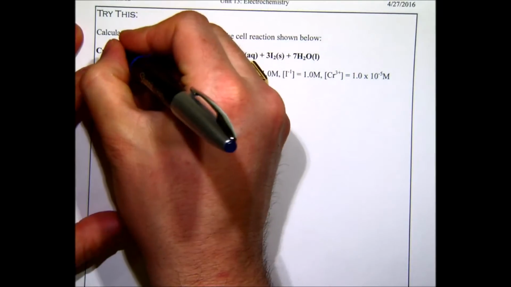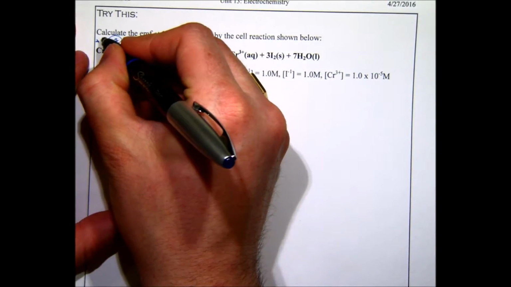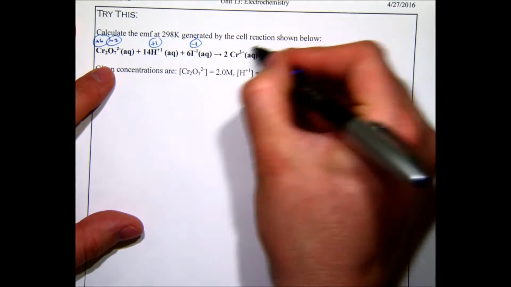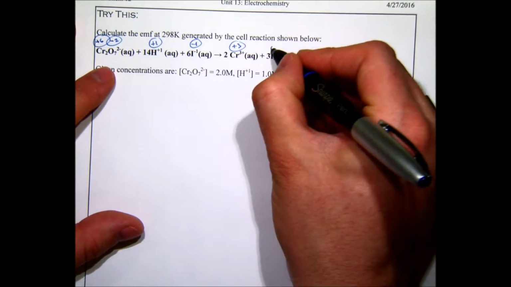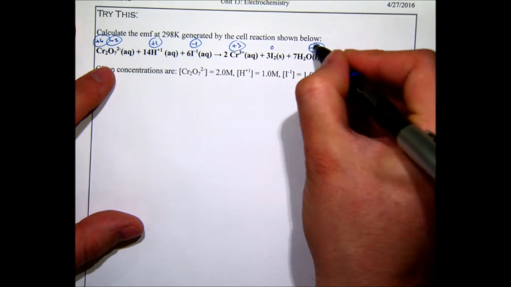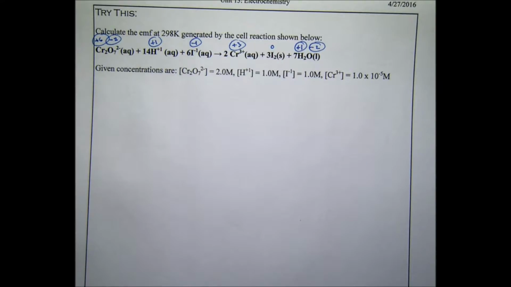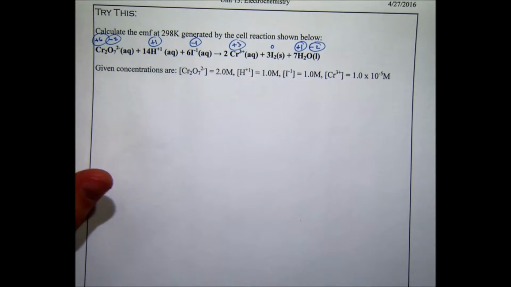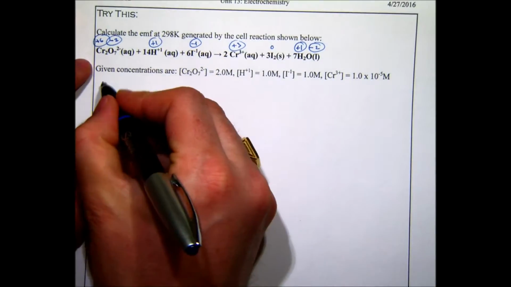First thing we do is oxidation numbers. So oxygens are -2. This is going to have to be +6 then, +1, -1, +3, 0, oxygens -2, making this +1. You got to do it every single time.